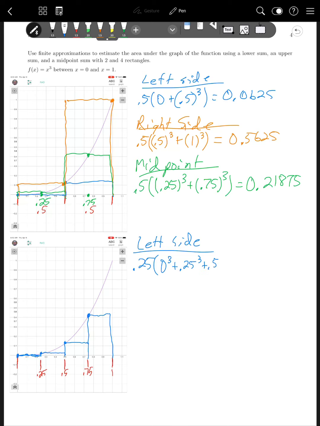The third rectangle looks like this, and the fourth rectangle looks like this. Okay, and so you're going to take the left-hand endpoint and plug that into the function to get the value. So 0 cubed plus 0.25 cubed plus 0.5 cubed plus 0.75 cubed will get us the area.